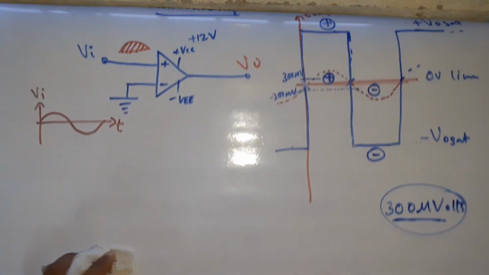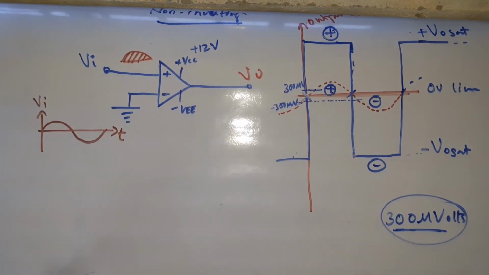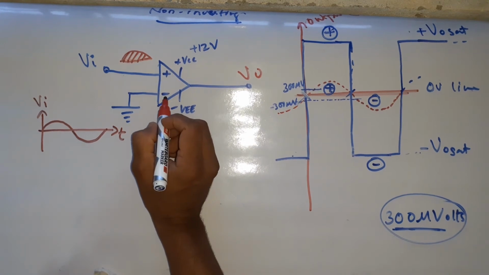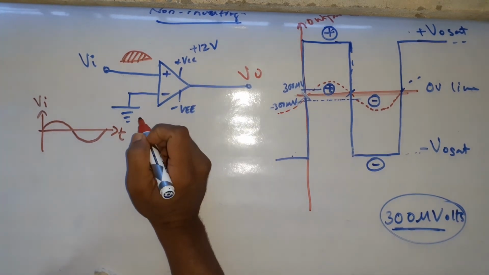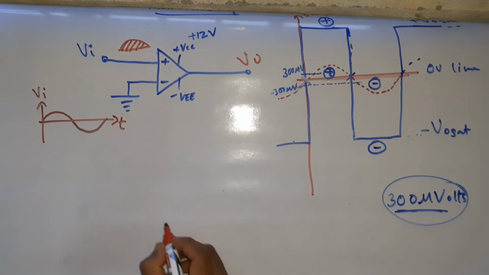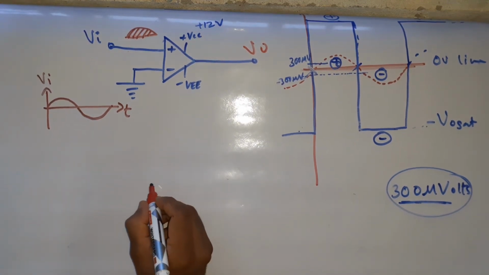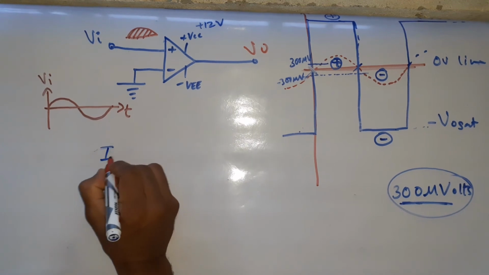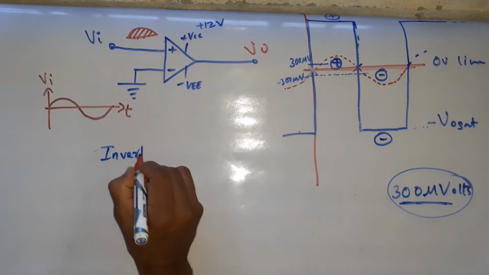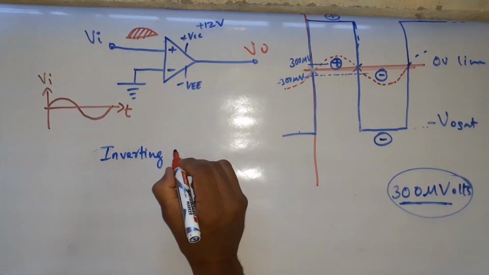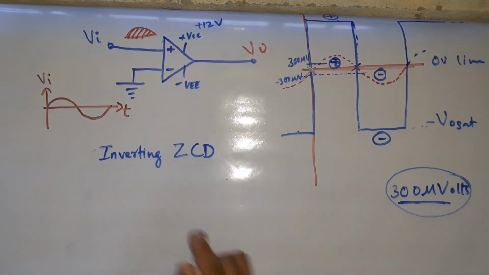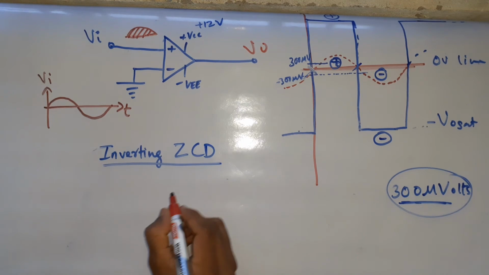Now to make this inverting, how should I change? Yes, input is given to the inverting terminal and the non-inverting terminal is grounded. I'll draw it here. Inverting zero crossing detector, ZCD in short.